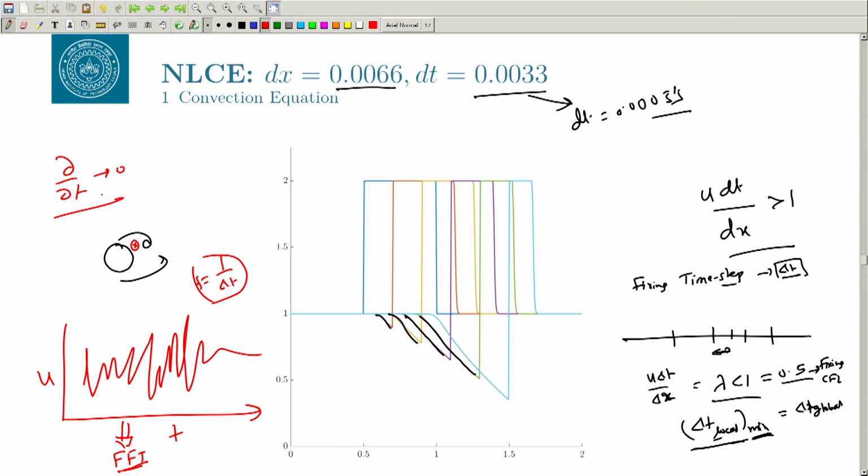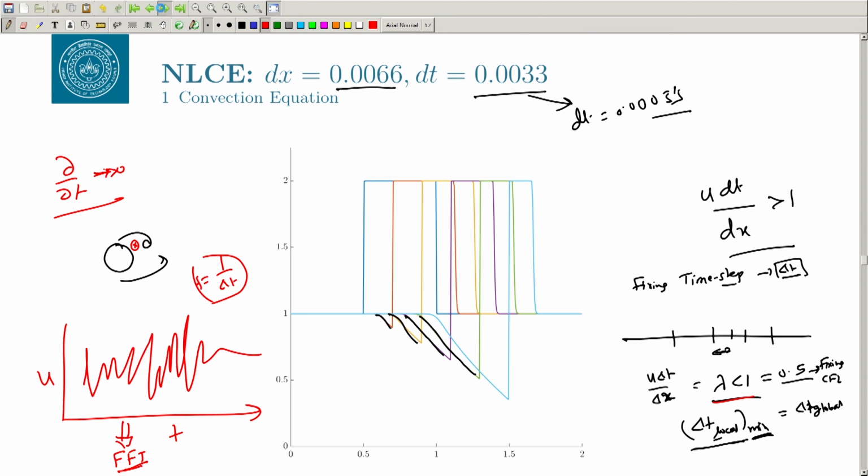In that, a restriction on the CFL number is not necessary, like we are seeing that lambda should be less than 1; that is not necessary. You can jump over the cell, and as long as you are getting convergence and your del u by del t term is going to 0, it should be fine. So, you are not worrying about what is happening in the intermediate steps; that is what it means.